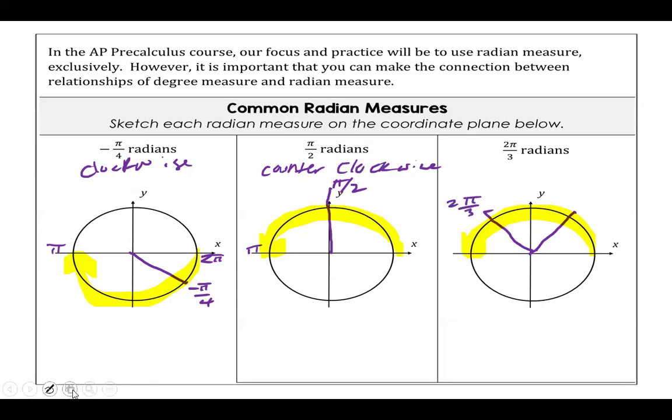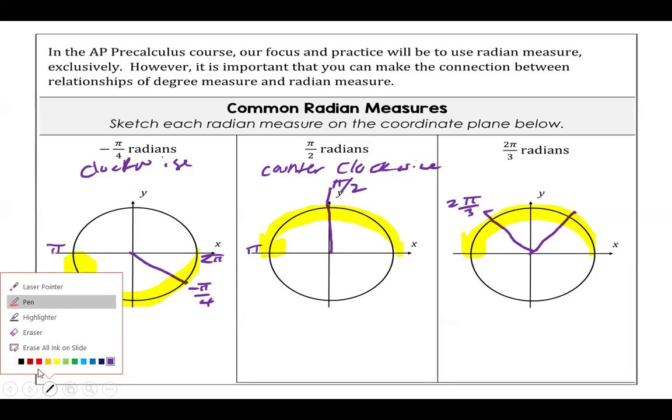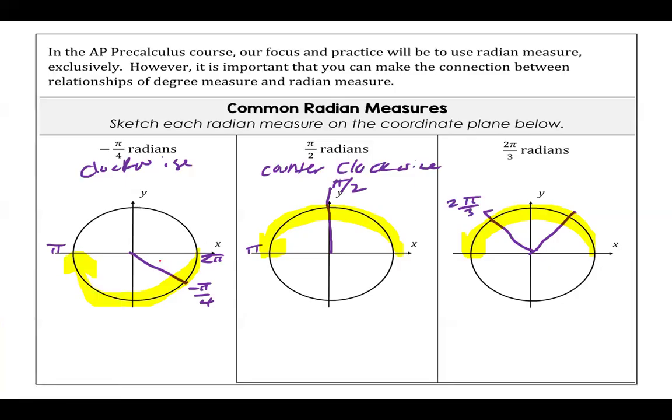So for all of them, I'm going to go through and put in where my angle resides. So this right here would be what we call negative pi fourths. This right here would be what we call pi over 2. This right here, from here to here, that's what we call 2 pi over 3.